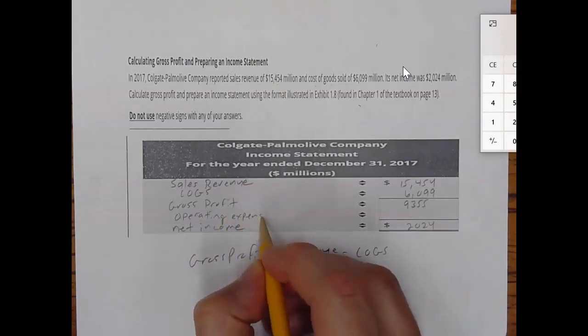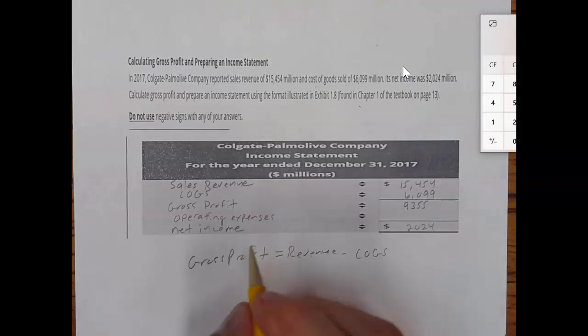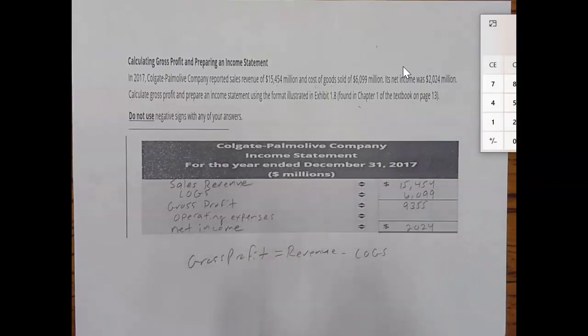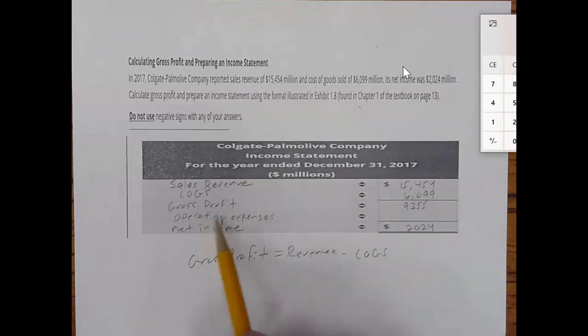Now I want to warn you that I have not looked at an actual homework assignment online for this and utilized the drop-down box, so I'm telling you what it is. The textbook wording, if you have this particular textbook, might say something other than just operating expenses.